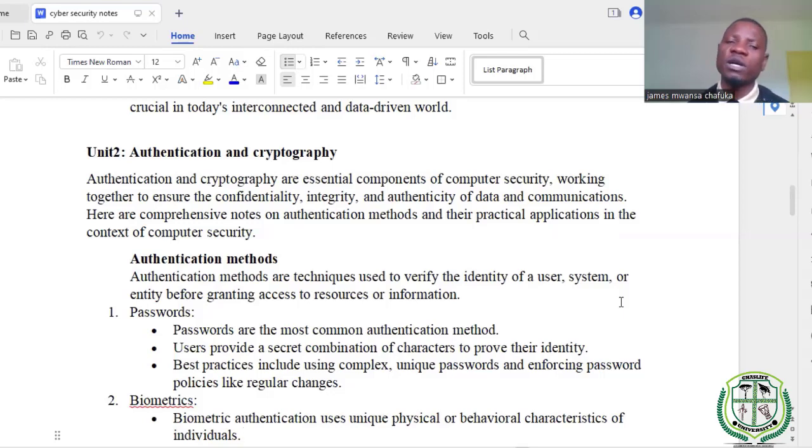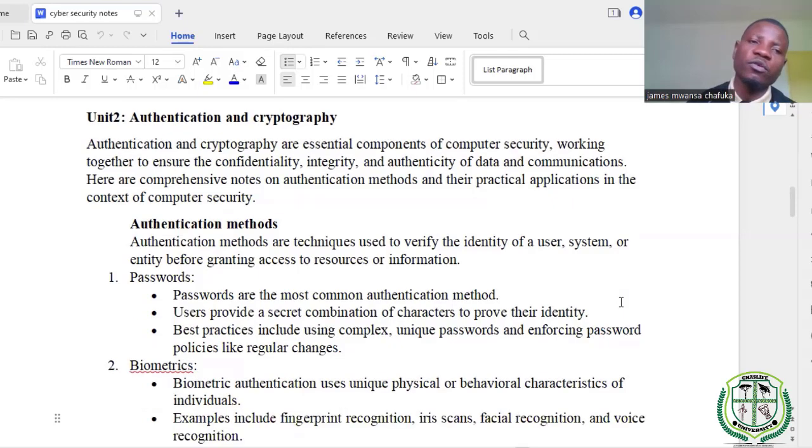Now when you look at the point of authentication, this brings the aspect of the password. In order for the user, the system, or the entities to access the resources or the information, there should be an aspect of authentication.